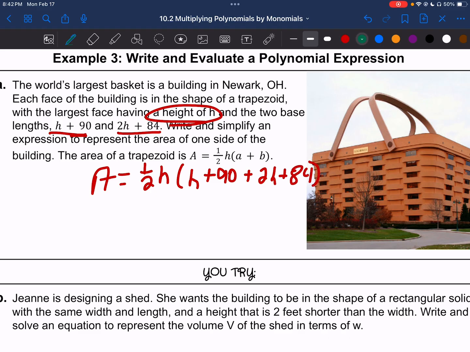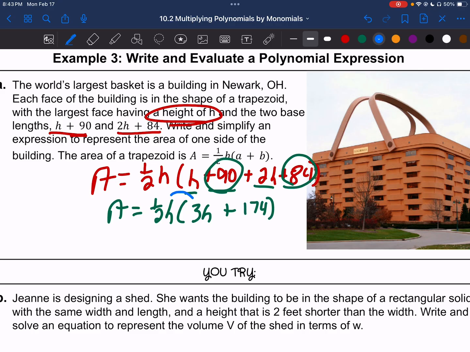Now, we could do one of two ways on this. We could distribute right away and then combine like terms, or we can combine like terms inside the parentheses and then distribute. I'm going to combine like terms first. So we've got A equals 1/2 h, and inside the parentheses, h plus 2h is 3h, and plus 90 plus 84 is going to be plus 174.